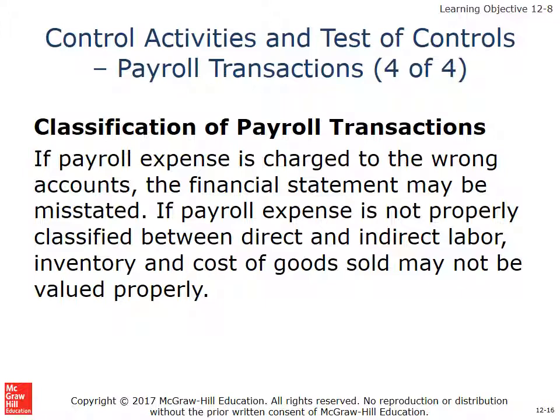If payroll expense is charged to the wrong accounts, the financial statements may be misstated. If it's not classified between direct and indirect labor, inventory and cost of goods sold may be valued improperly. So it's very important we test these. We would review the chart of accounts and review and test procedures for classifying these payroll costs.